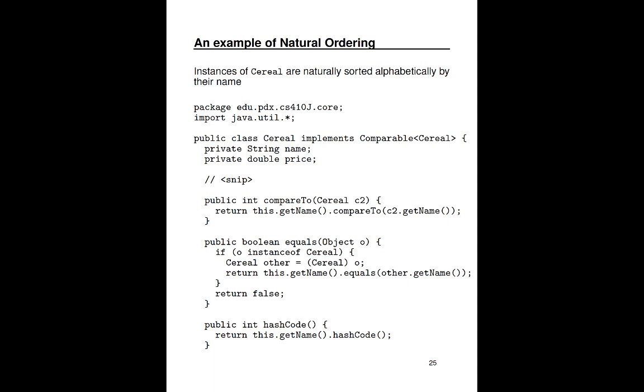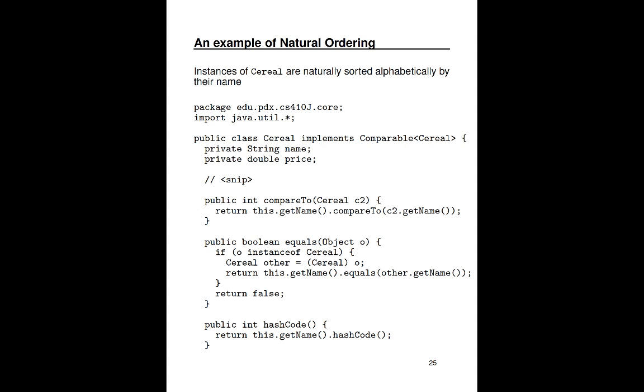Now, because I overrode compareTo, I also need to override equals to make sure that two cereals with the same name are considered equal. So how do I do that? Well, I implement the equals method to first check whether or not I'm being compared to an instance of Cereal. If I am, then I ask, is my name equal to the other cereal's name? If none of these conditions is true, I return false.